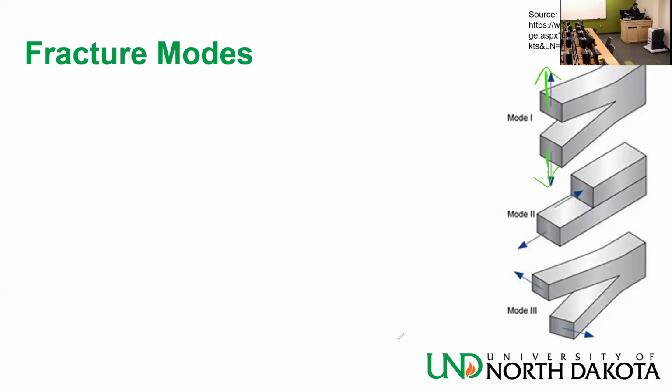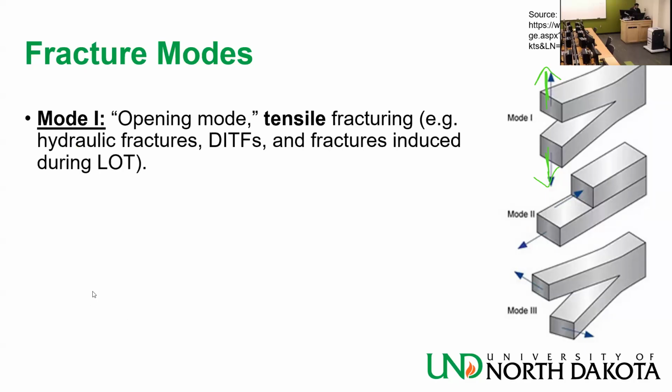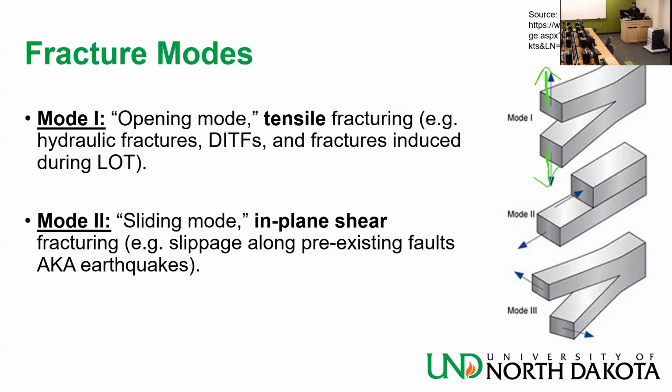Now, that's mode 1. Let's see mode 2. Let me give you some examples here. Mode 2 is a sliding mode, or in-plane shear fracturing. When you see shear, imagine one piece of rock moving over another in a certain direction. When they move on the same plane, it's in-plane shear.